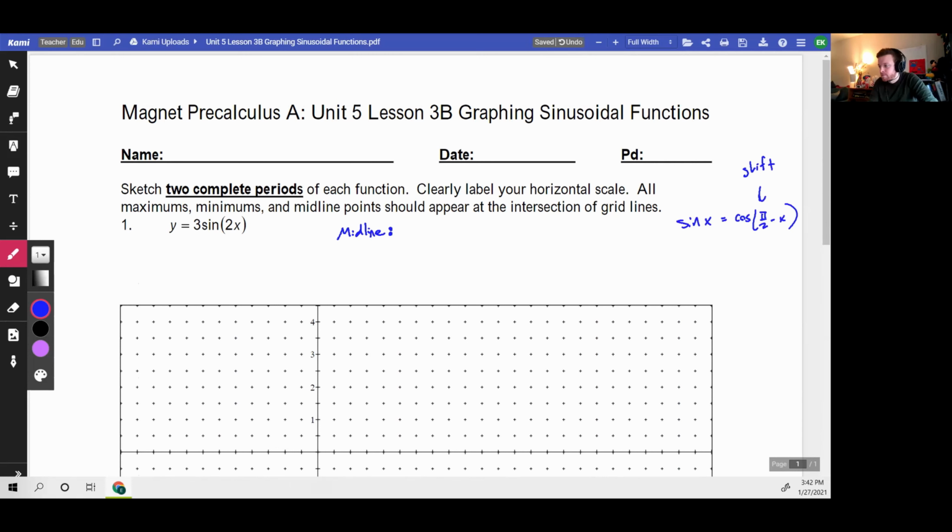I'm not going to write max and min down necessarily. Well, yeah, I will. But the max and the min can help us see where the midline is, because the midline is between those.